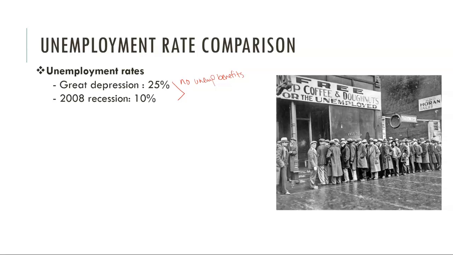Additionally, often households only had one working adult, which meant if you lost your job, your entire household lost their full set of income. 25% unemployment during the Great Depression potentially meant that 1/4 of all households in the U.S. had no income for the years of the Great Depression.